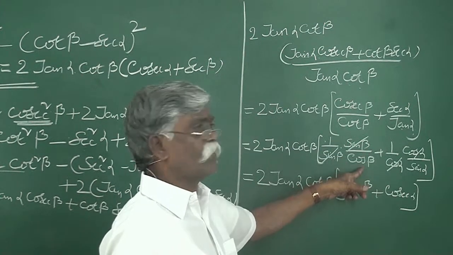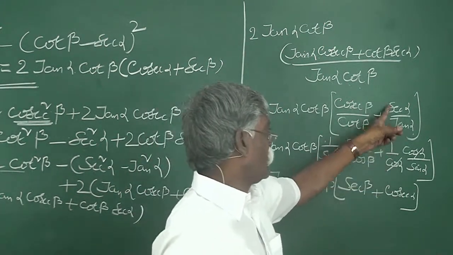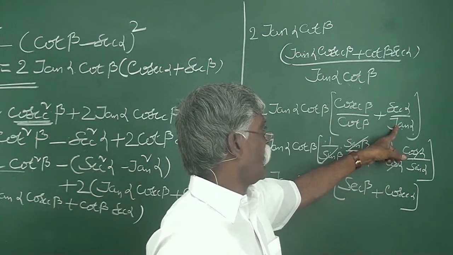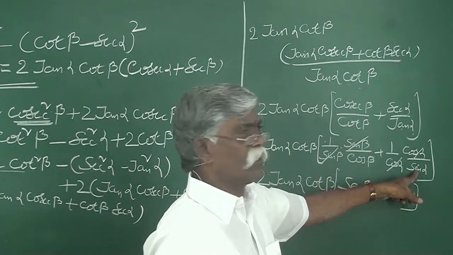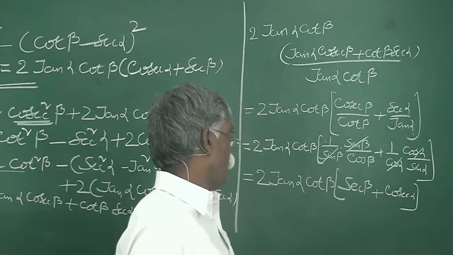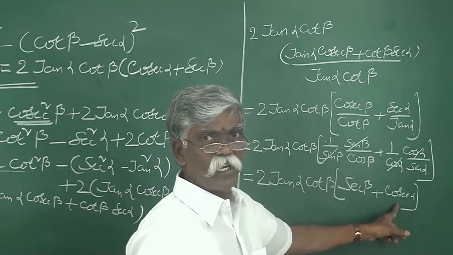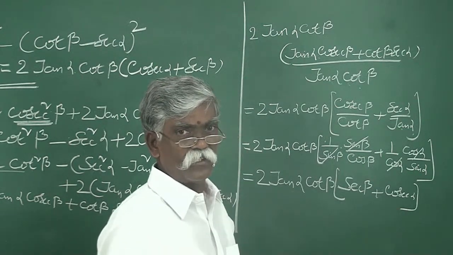When we reverse it, it is sin by cos, and secant alpha is 1 by cos alpha. Tan alpha is sin by cos. When we reverse it, cos alpha by sin alpha. Now 1 by cos beta is secant beta, 1 by sin alpha is cosecant alpha. This is the answer.